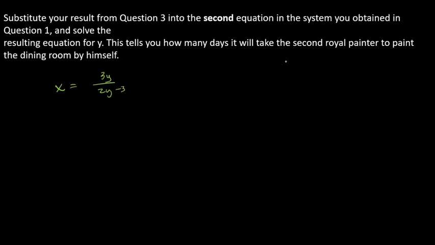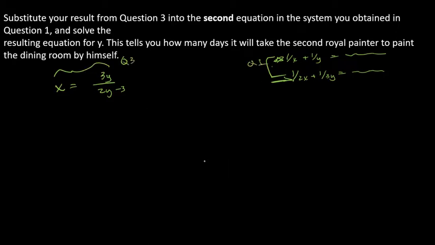Remember, in question 1 I helped you find that we had something that looked like 1 over x plus 1 over y equals something, and then 1 over 2x plus 1 over, I think it was 3y, equals something. So we already used up the first equation. Now they're saying substitute what you got in question 3 into the second equation from question 1. So what does that mean exactly?